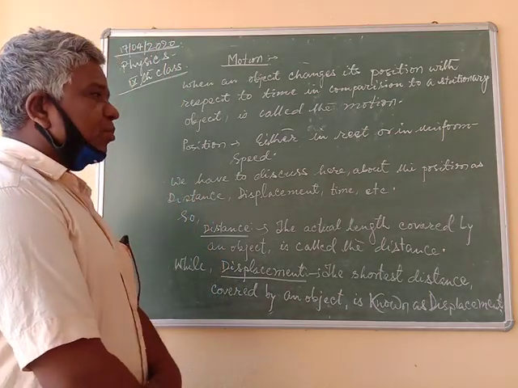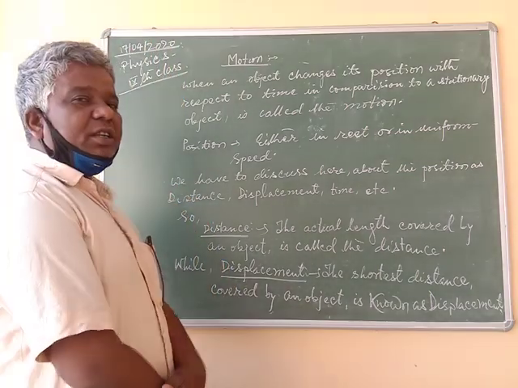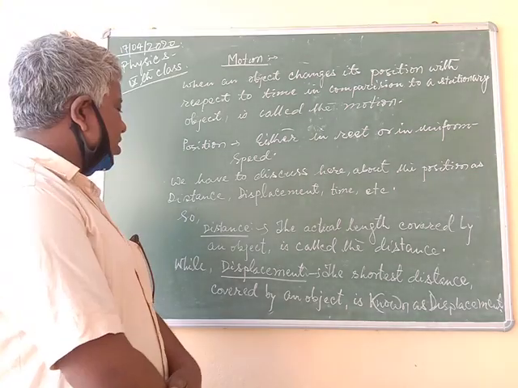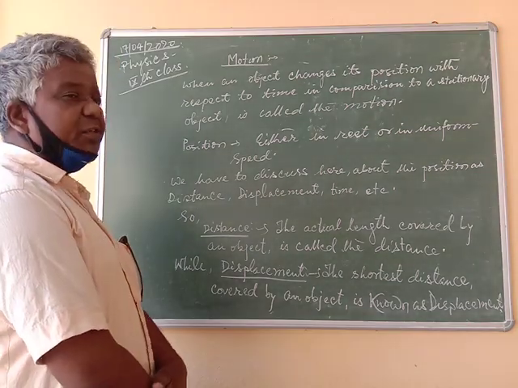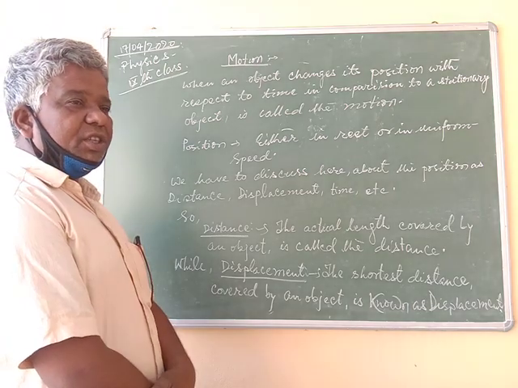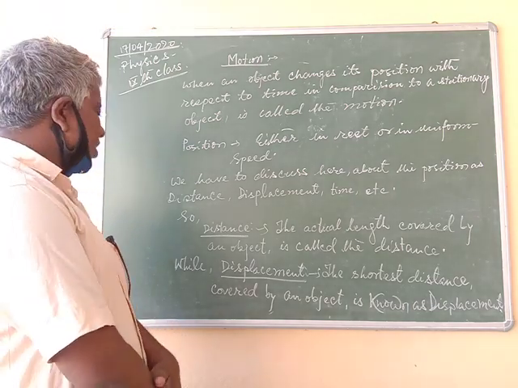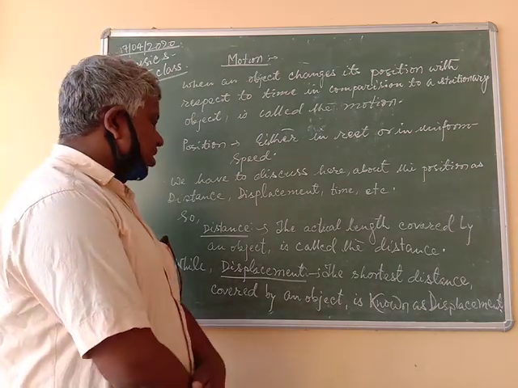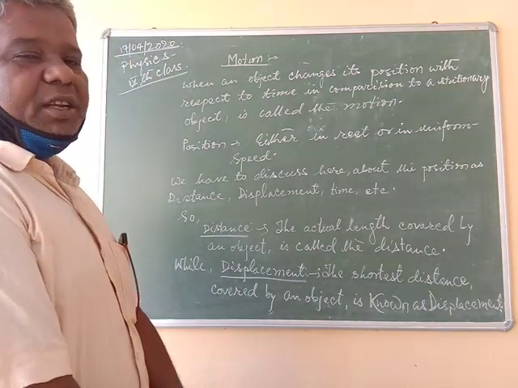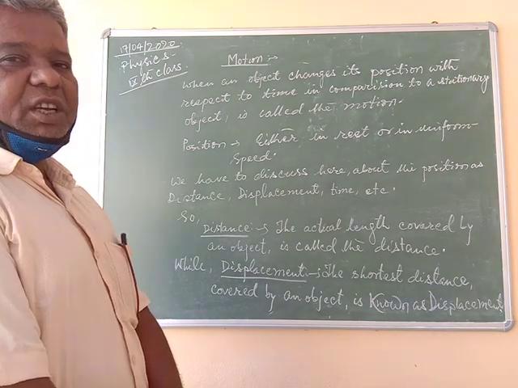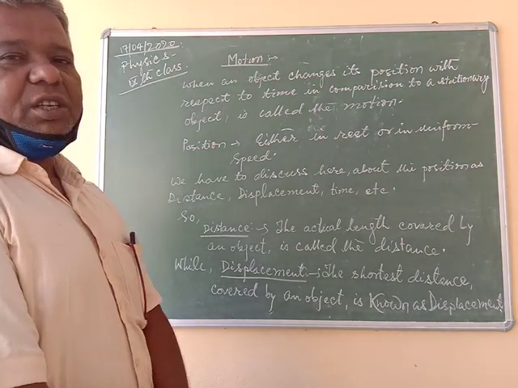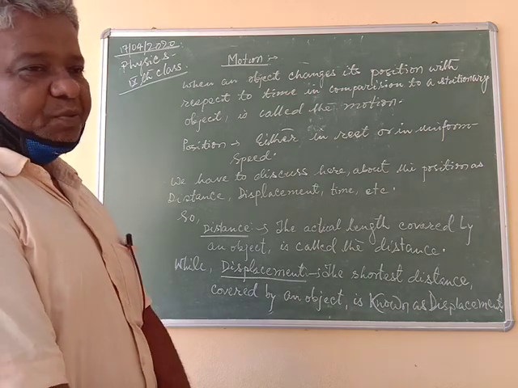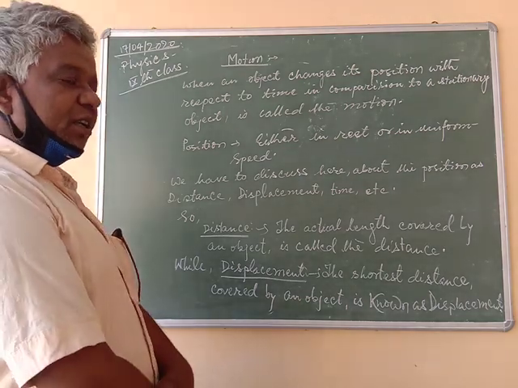Now here the time position is concerned, then position contains lots of physical laws as distance, displacement, time, acceleration, velocity, speed, etc. Here we have to discuss in this chapter distance, displacement, speed, velocity, acceleration, retardation, etc. Only these points should be discussed.